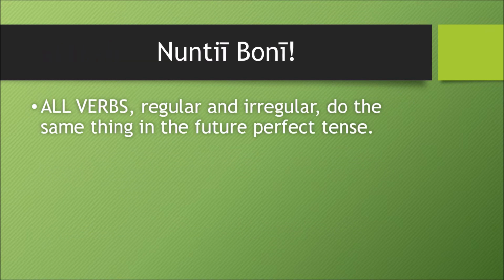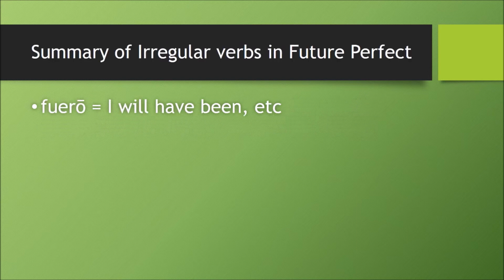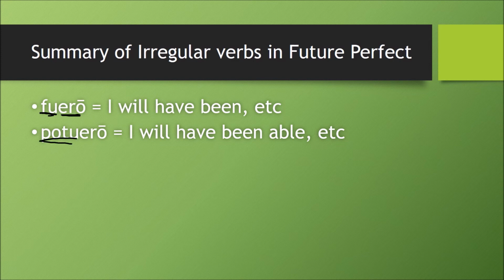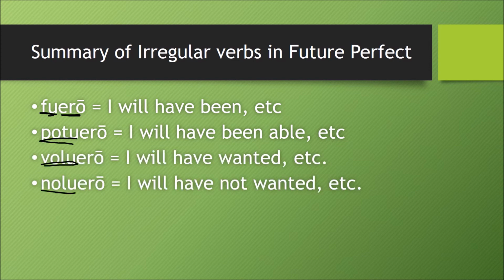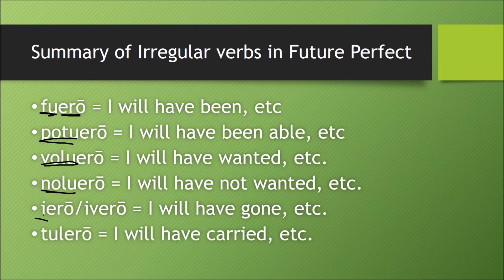Good news yet again, all of the verbs, regular or irregular, will be formed in exactly the same way in the future perfect, and just finding that third principal part and adding those almost identical forms of sum esse in the future tense, third principal part plus ero, eris, erit, eremus, eritis, and erint. And as you can see, possum, volo, nolo, eo, and fero are formed exactly the same way, third principal part plus ero, eris, erit, etc.